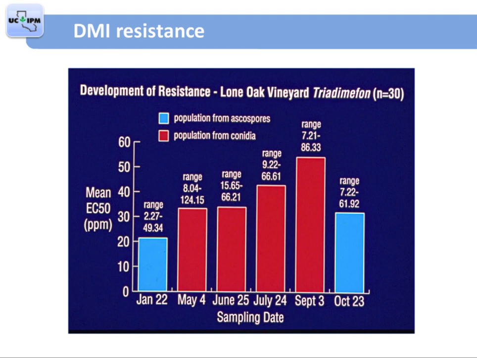After one application of Balaton, we saw about a 33 ppm average for the population with a very significant range. After 2 applications, 3 applications, and 4 applications, we increased the level of resistance in the vineyard. Then in October, we went back and collected leaves, extracted the ascospores, and retested them for resistance, and found we have reached EC50 of 33 ppm.